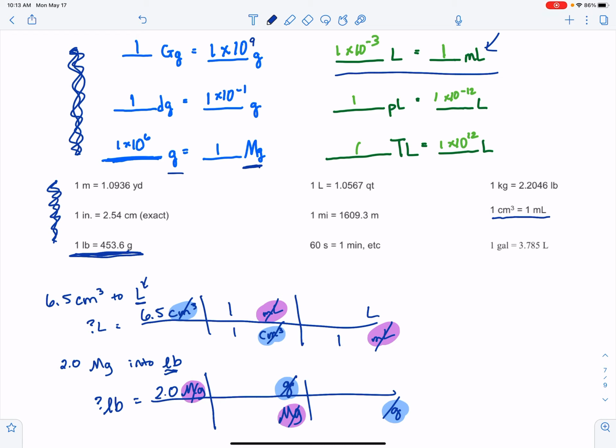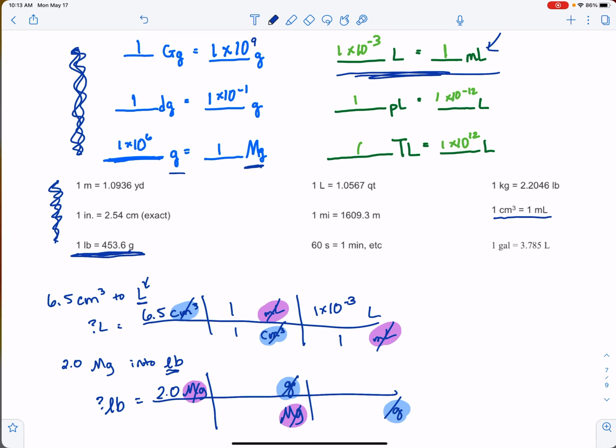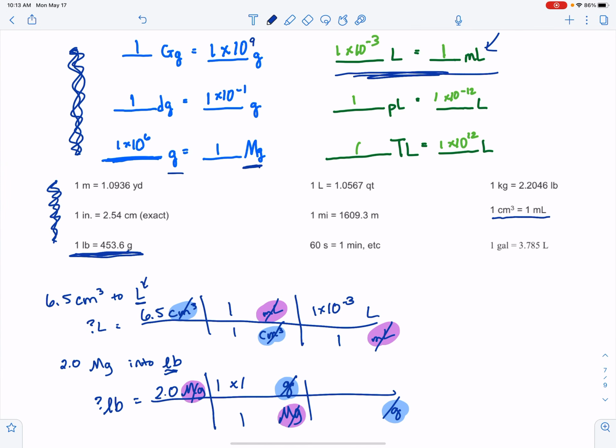And then the milliliter, and this is 1 times 10 to the minus third. Again, that's that top one. And then down here, I'm going from, that's the 1 times 10 to the 6th. And then, I didn't write down that I was going from a gram to a pound, which was this one over here. So in 1 pound, I have 453.6.